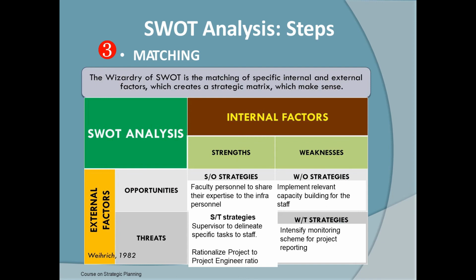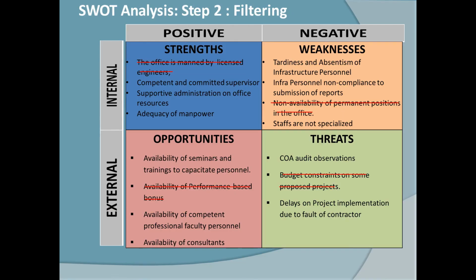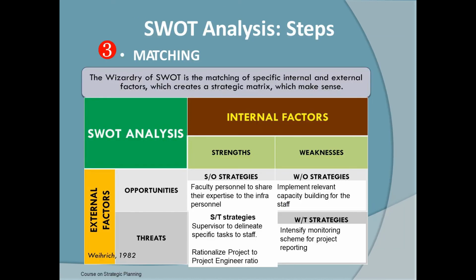So moving on to the strength threat strategies or S/T strategies. In here, the strength, we have the competent and committed supervisor to handle its staff and the supportive administration on office resources.